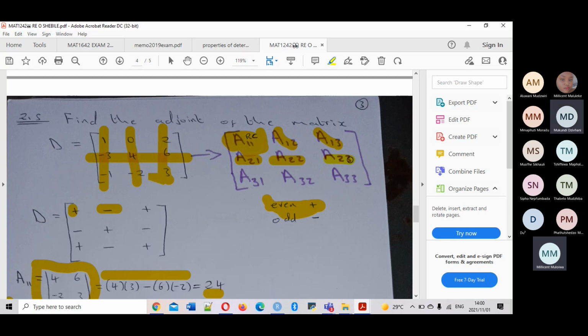A22 determinant. A23. Therefore, you tell me what you have. You have what? You got what, guys? Substitute the determinant. I need the answers.